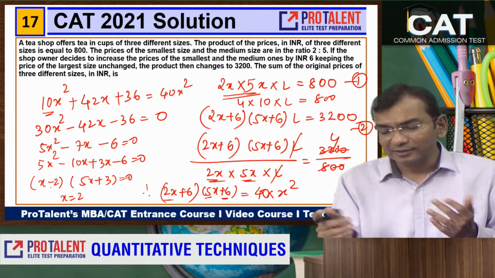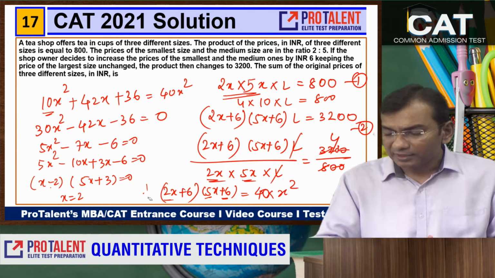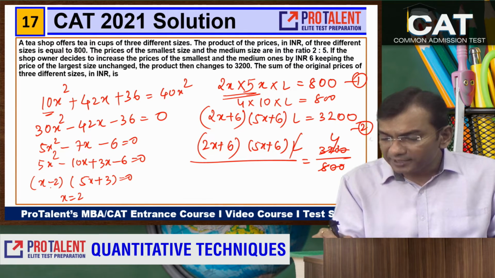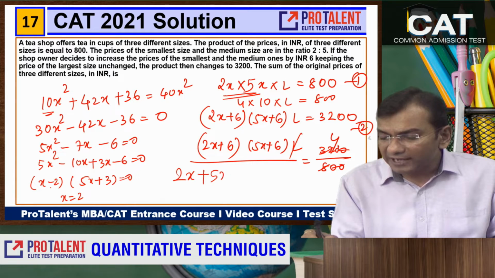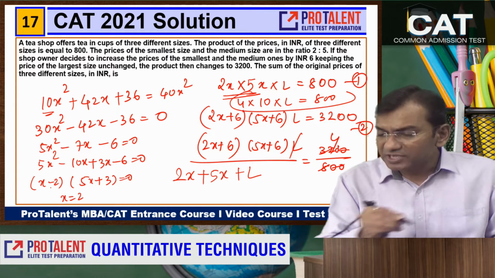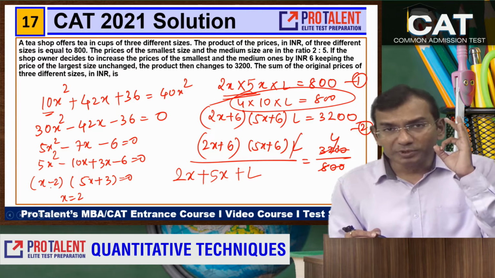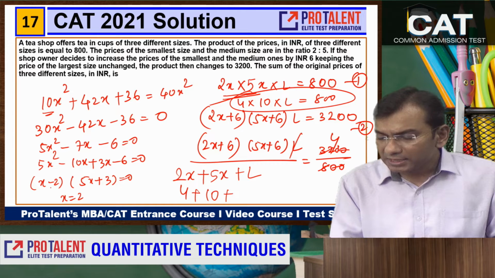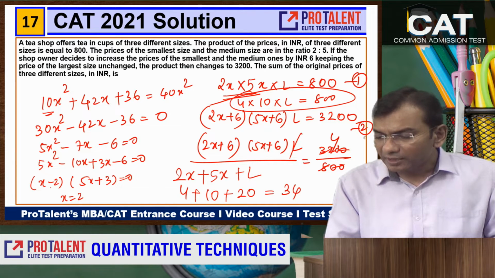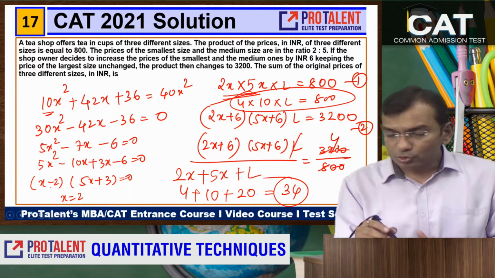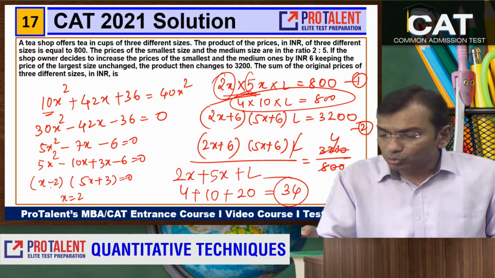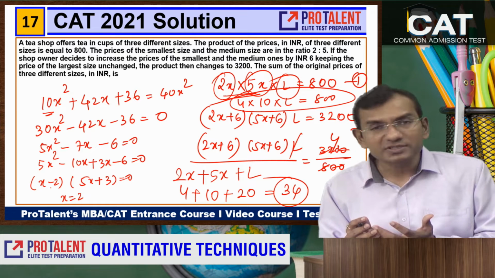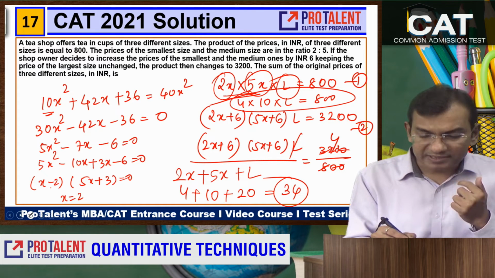So for my answer, I have to add up these values. So my answer would be 2x plus 5x plus L. From this equation I am getting the value of L to be 20. So this is 4 plus 10 plus 20. So that makes it 34. Okay, 2 into 2 is 4, 5 into 2 is 10, and this is 20. Okay, so I think this becomes easy. Great. Question number 17, easy one.